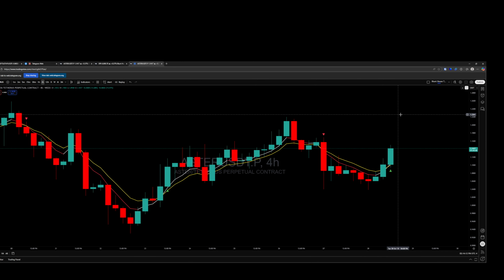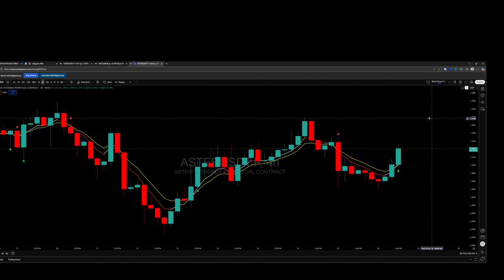So the straight answer is it's going to depend. We have a handful of rules, but do I bend them sometimes? Sure. If I'm looking for an entry on the daily, I am going to look at the 4 hour.